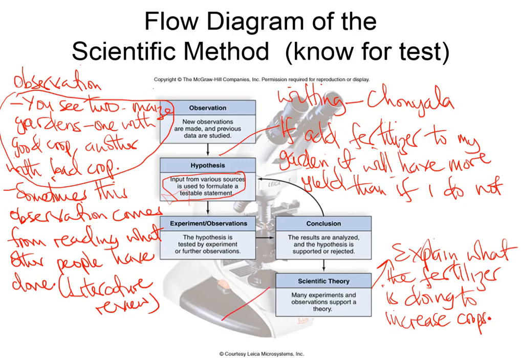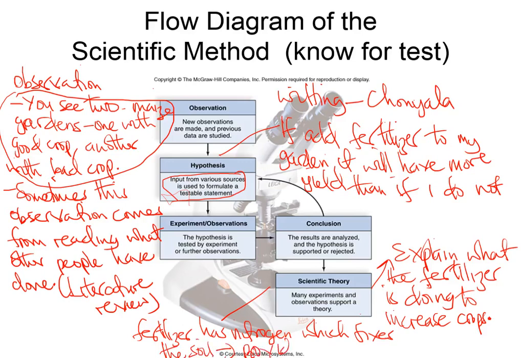So one explanation is fertilizer has nitrogen, which fixes the soil and therefore providing good crop. So that explanation is a theory.